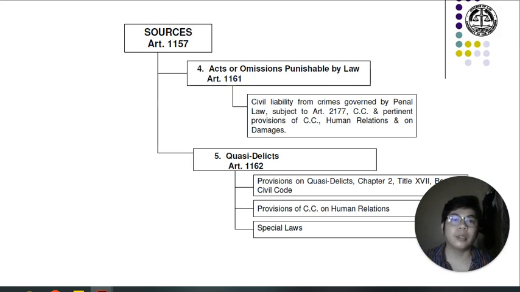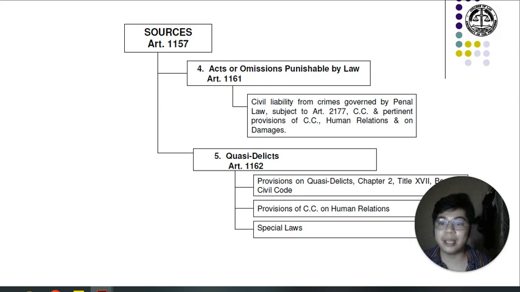So, in negotiorum gestio, we are introduced to a situation where a gestor is actually obliged under the law to observe a certain conduct in favor of the owner of a property. So, example na ay dalawa ka bundok. So, it is grazed by animals. So, one bundok is owned, let's say, by A and the other by B. So, by sheer luck, it was only the mountain of B that was hit by a rainstorm.